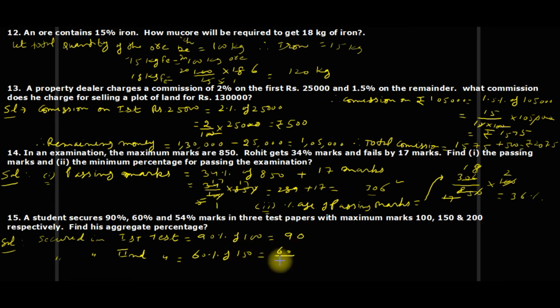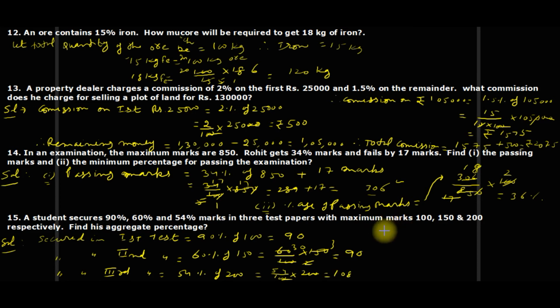You will solve it by 60 upon 100 into 150, 5 2 ja, 5 3 ja 2. He got 90 in second also, and secured in the third test 54% of 200. 54 upon 100 multiply 200, 0 54 2 ja.